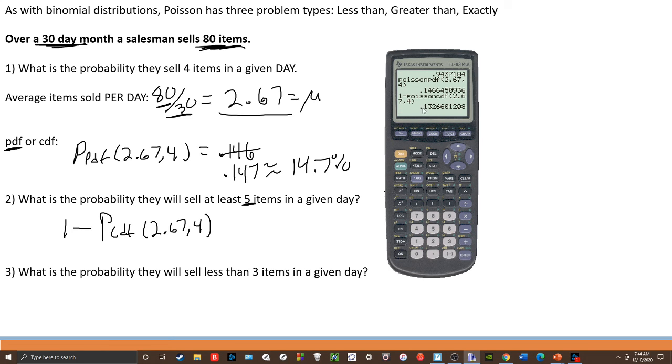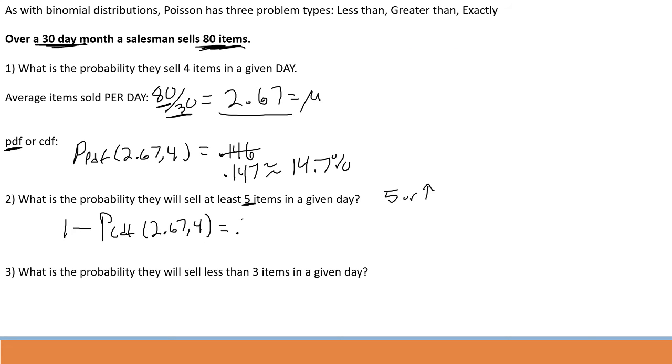So we get about 0.133, or roughly 13.3%. So that's the chance he's going to sell at least 5 items. So maybe 5, maybe more, but at least 5.